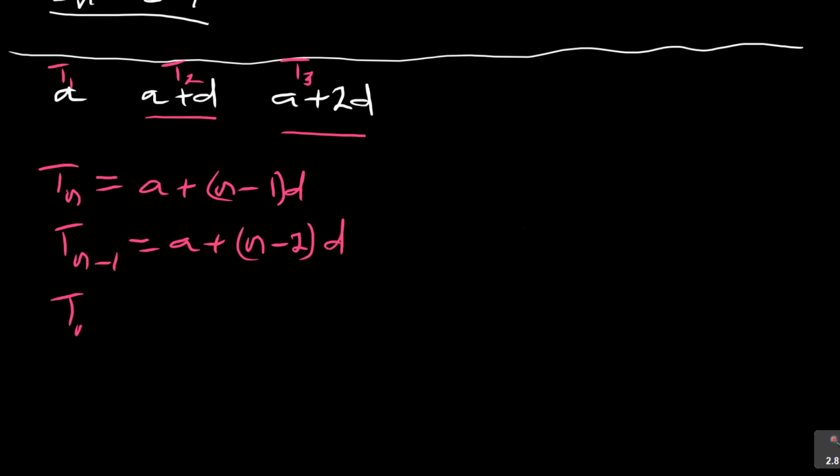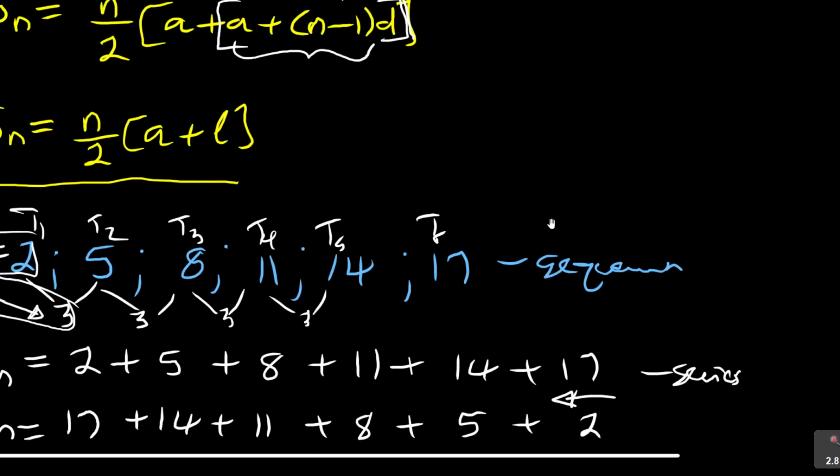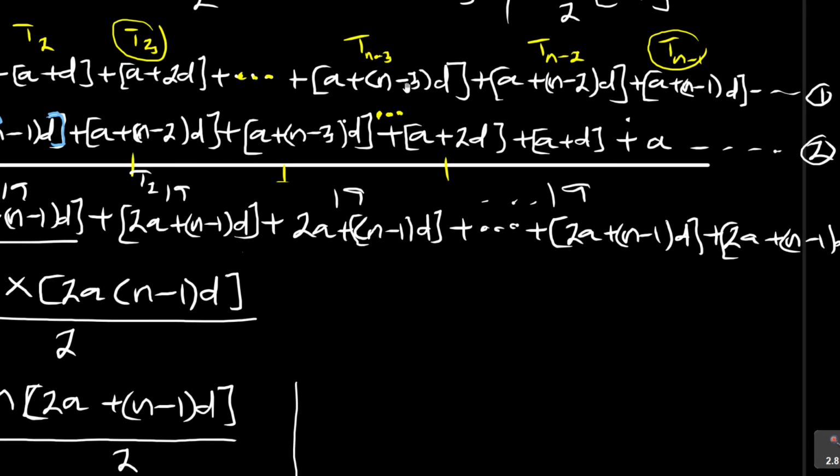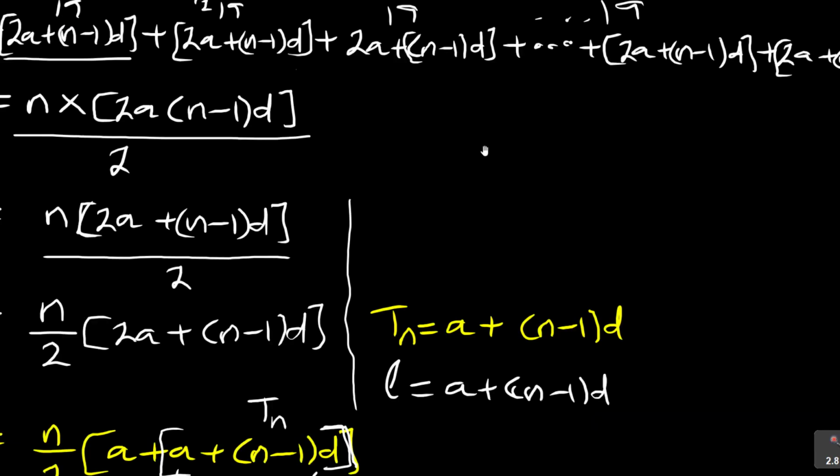And the one following was a plus n minus 3 d. Now if I can bring them to you, these ones: a plus n minus 3, a plus n minus 2, and a plus n minus 1.